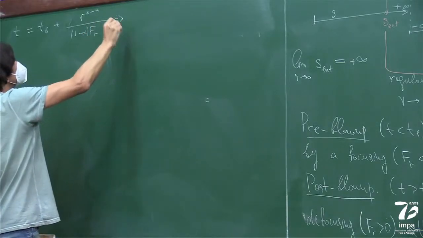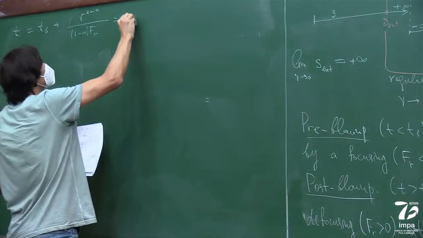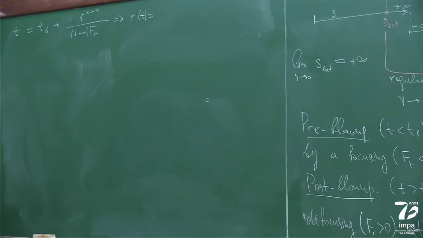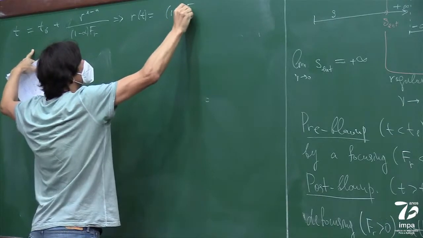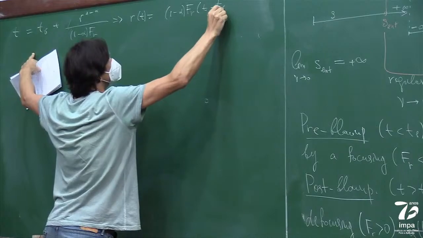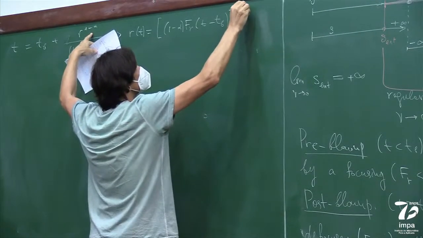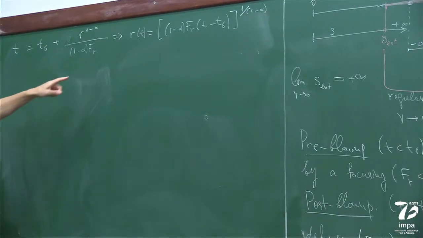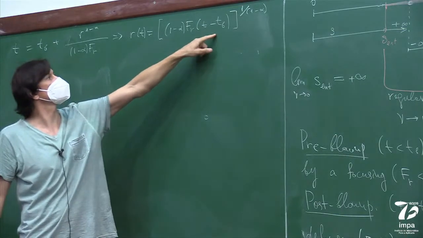And then you can express r of t as (1 minus alpha) Fr (t minus t_B) to the power 1 over 1 minus alpha. So we have a solution for how distance depends on time, and at t equal to t_B it is at the origin.